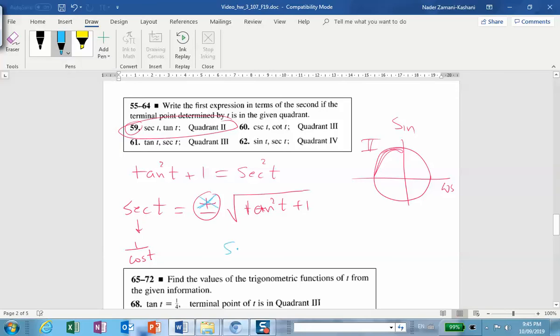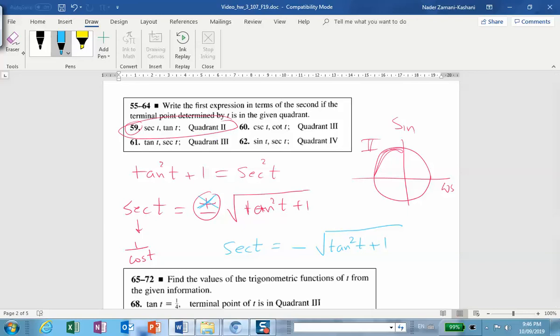The correct answer is secant of t is equal to minus the square root of tangent squared t plus 1. Notice that we have done what we were supposed to: write secant in terms of tangent, respecting the algebraic sign, because we know that we are in quadrant 2.